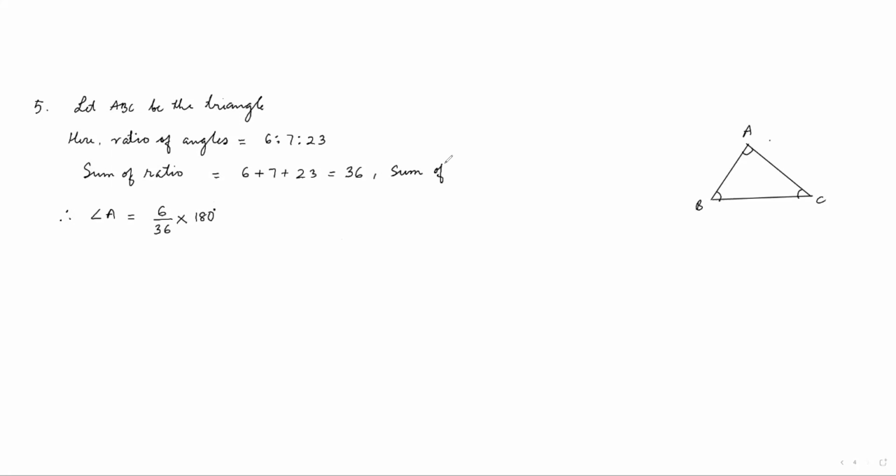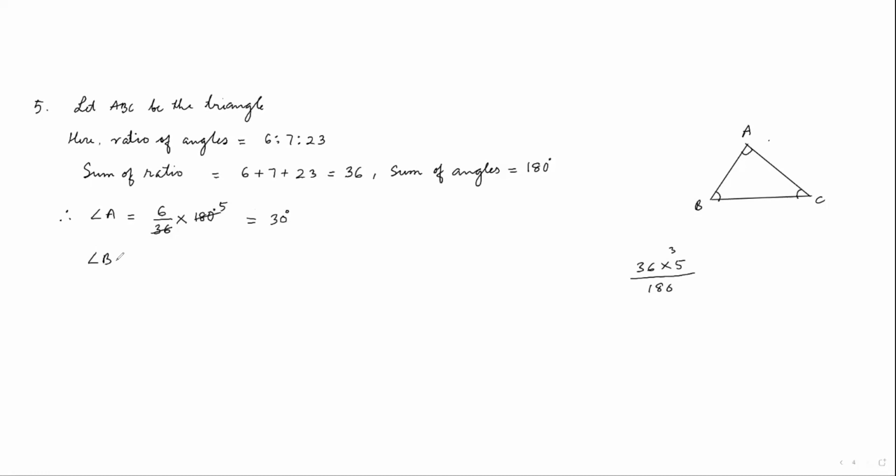So angle A is 6 by 36 multiplied by 180. 6 times 5 is 30, so angle A is 30 degrees.